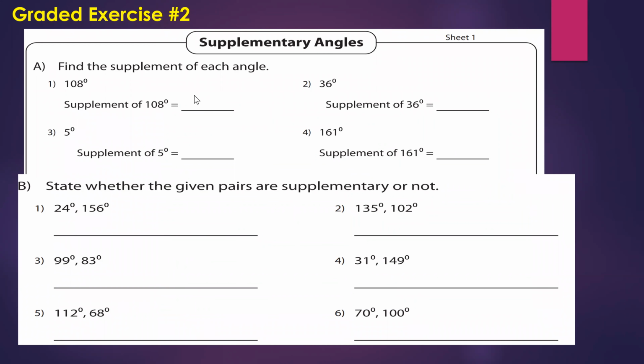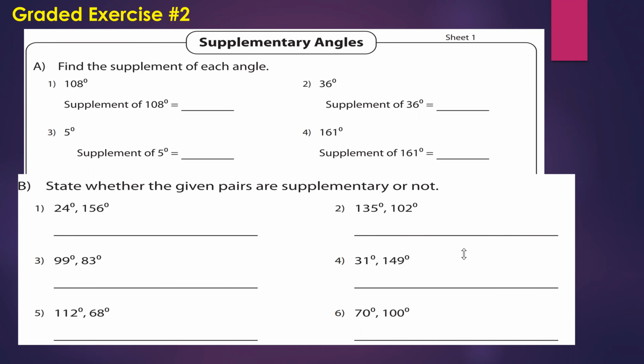So we were on supplementary angles, and I want someone to tell me, what do we mean by supplementary angles? Supplementary angles are two angles whose sum is 180 degrees. Good.